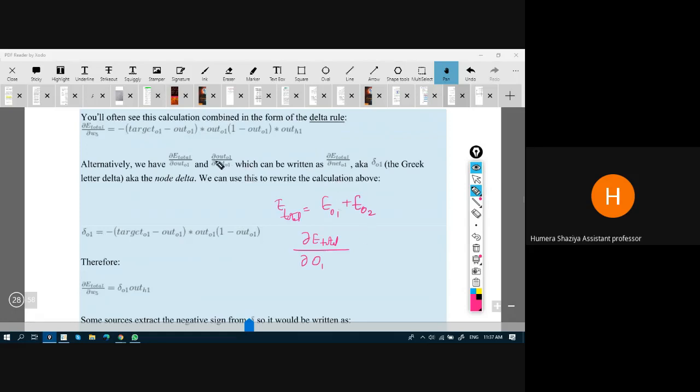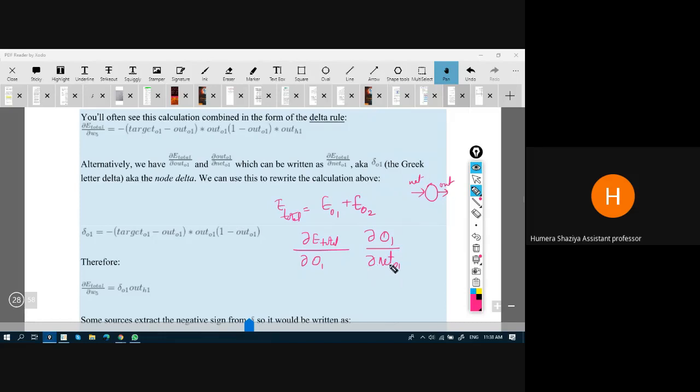Now, when we say derivative of O1, O1 has received from H1, right? If you remember, they have given the name net O1. Net means that is coming in, and out is going out; net is getting in.